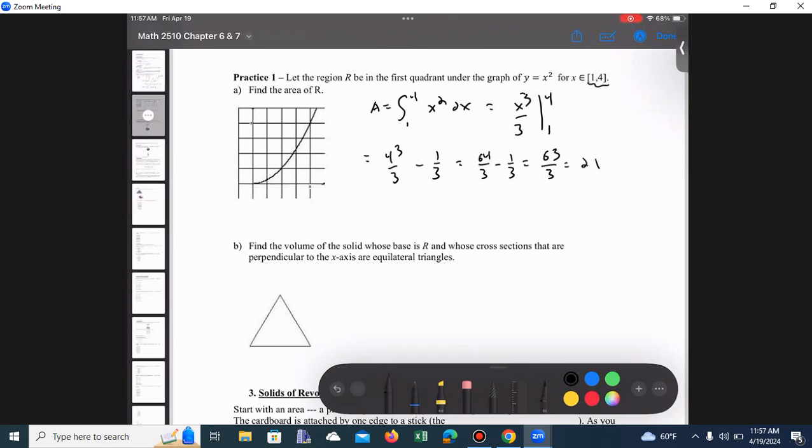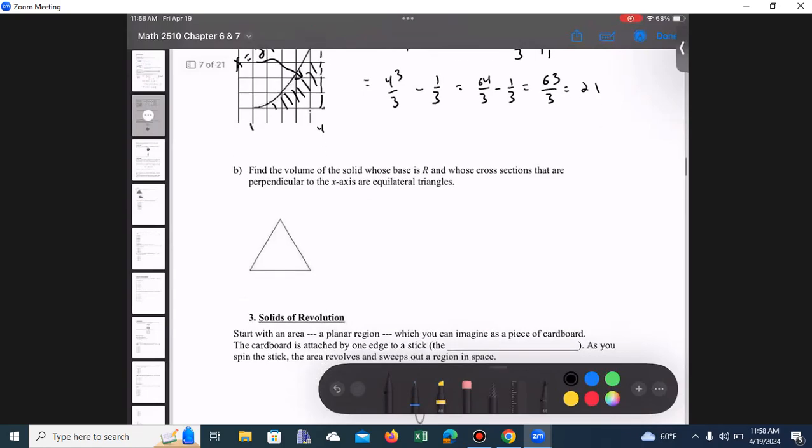So the area underneath this curve from 1 to 4 equals 21. Now we want to use these triangle cross sections as we go across.